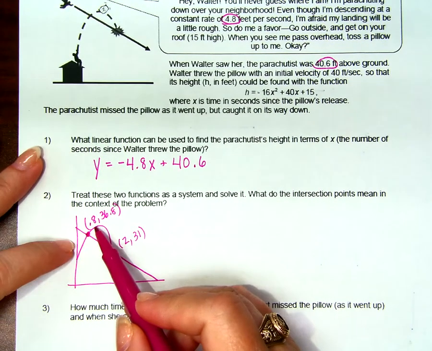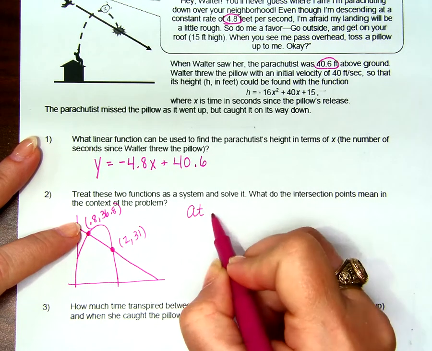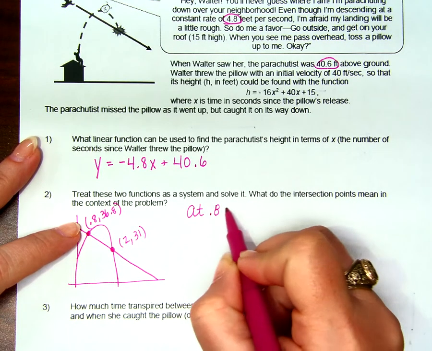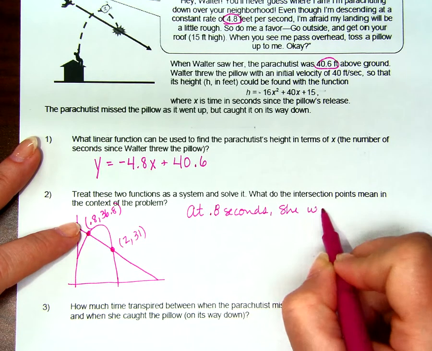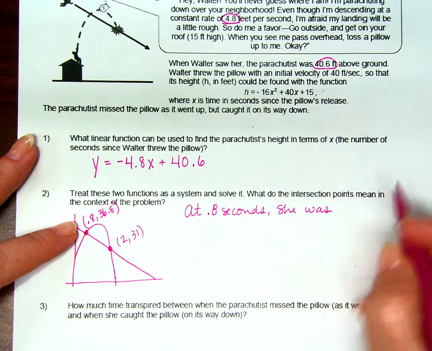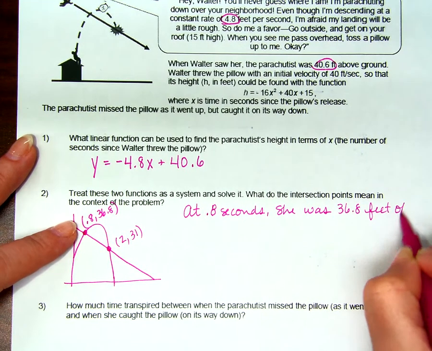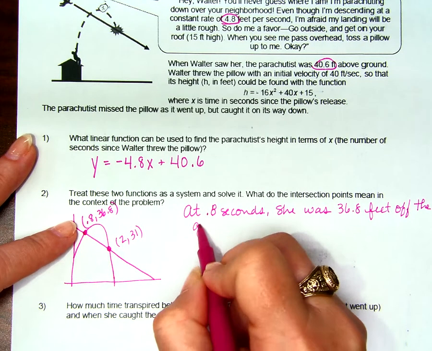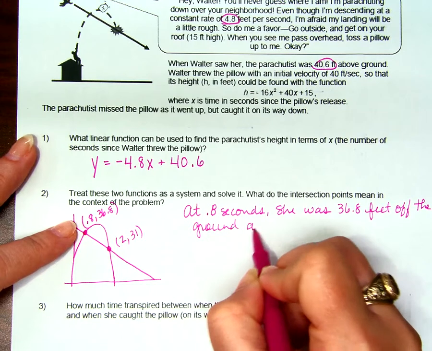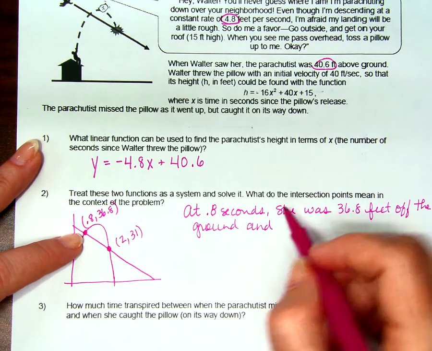So what happens at this first point? At 0.8 seconds, she was how high? 36.8 feet off the ground. And what happened right there? She missed the pillow.